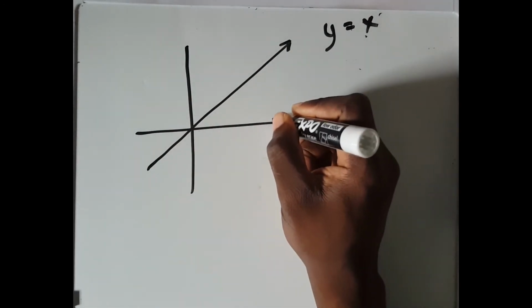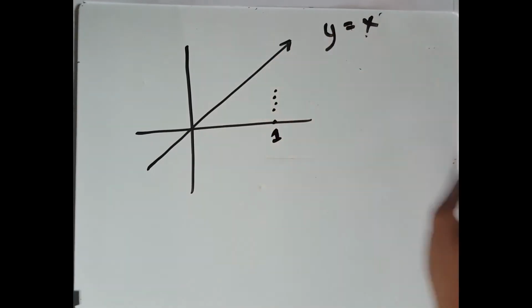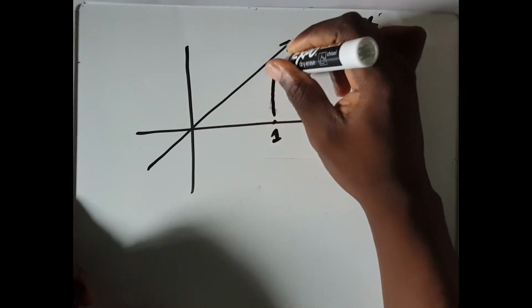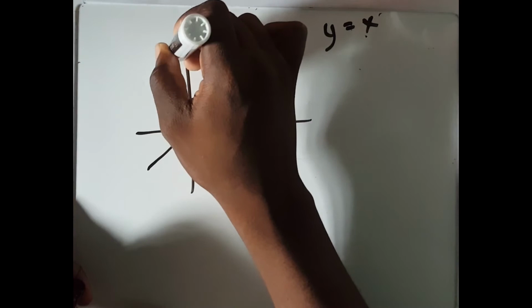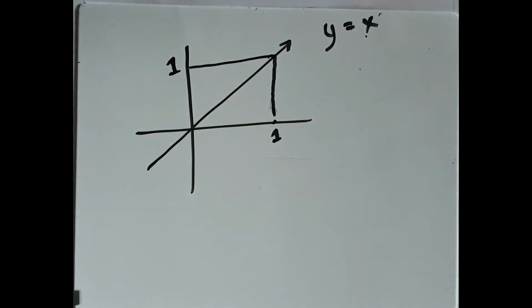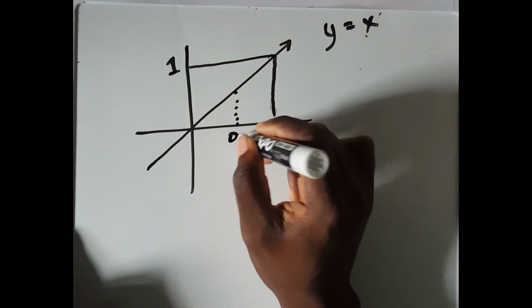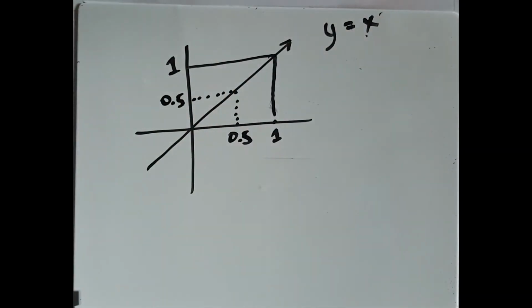If I have my point here and my point here is 1, then if I go straight up to the function, the corresponding y value would also be 1, because it's symmetric. If I choose a next random point, say 0.5, this is 0.5, this would be 0.5 as well.